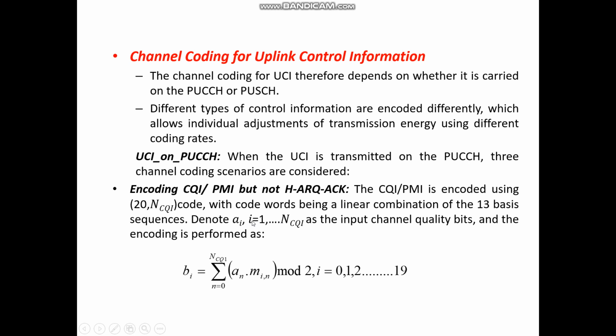And a_i denotes the input channel quality bits, where i stands for 1 to N_CQI. The encoding is performed using this equation, which is b_i equal to summation n equal to 0 to N_CQI of a_n times M_{i,n} mod 2, where i takes the values 0 to 19, that is 20 basis functions.